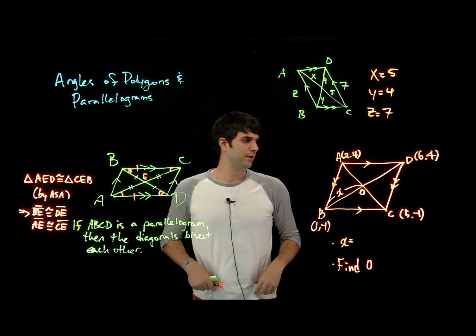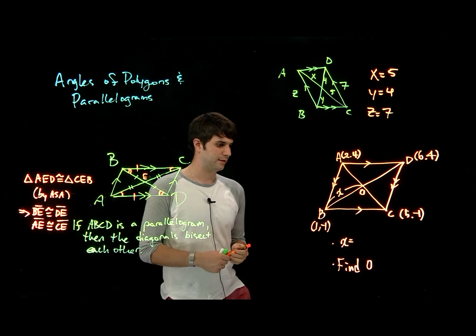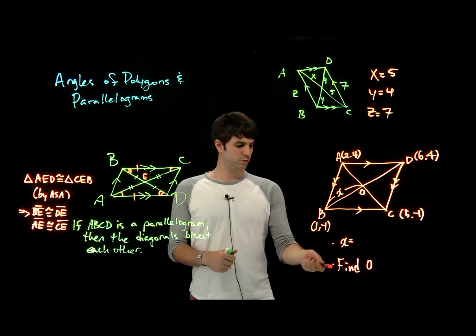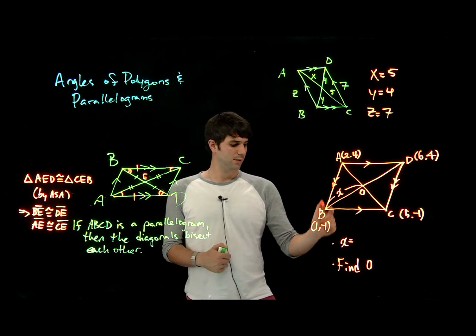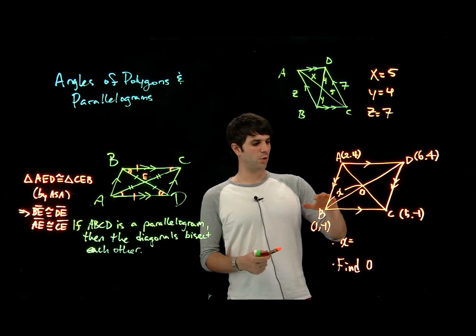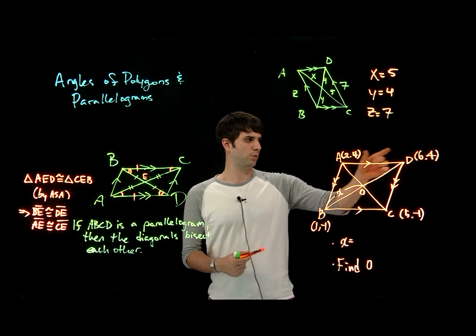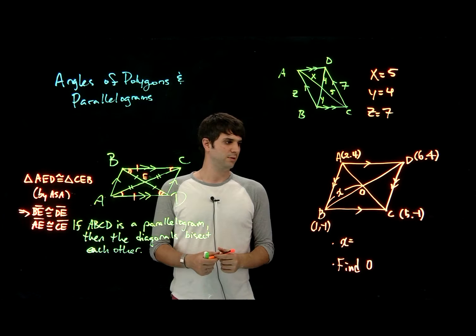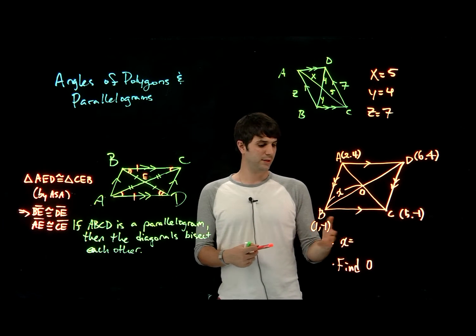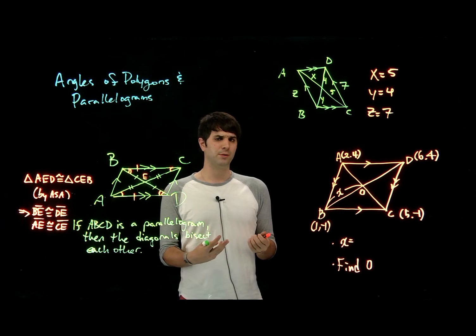Now, down here we have a parallelogram, and it's slightly more complicated. We have two questions here. Number one, find x, and number two, find the point O. You notice that this is on a coordinate plane, with points (1, -1), (2, 4), (6, 4), and (5, -1). So how are we going to do that?